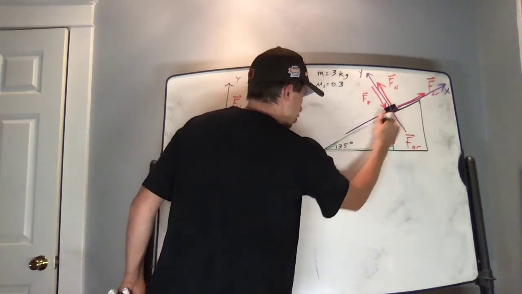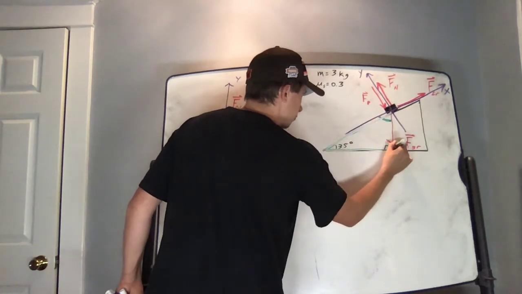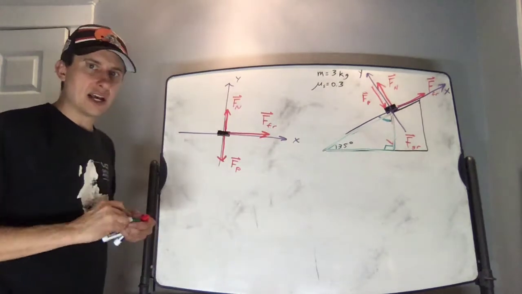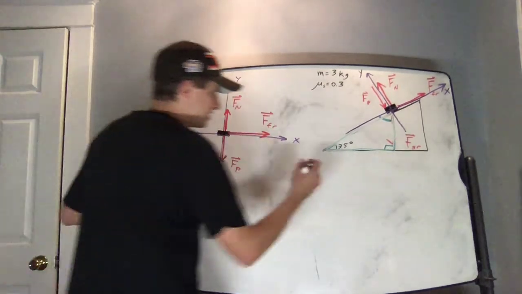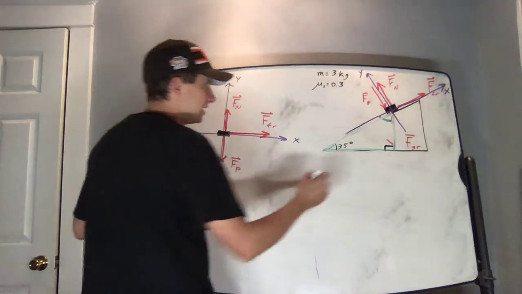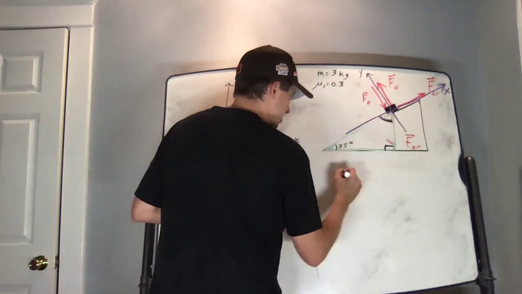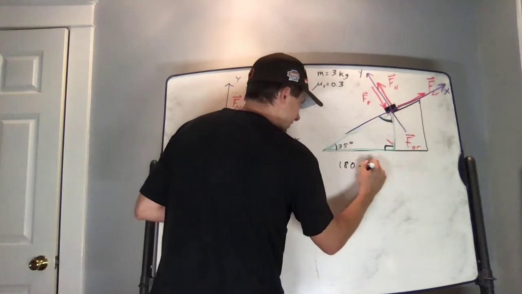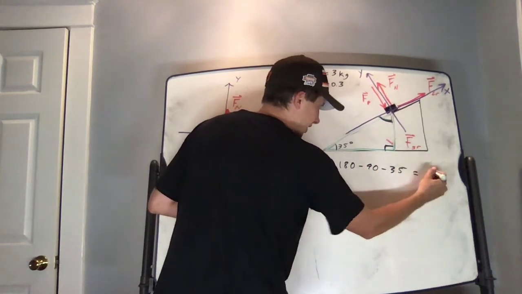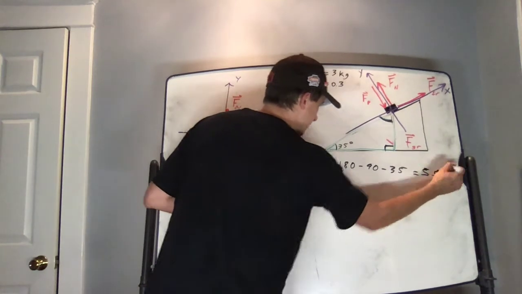I'm just using some geometry and I know the angles of a triangle should add up to 180 degrees. So I could say if this angle is 35 degrees and this angle is 90, then this angle must be 180 minus 90 minus 35. So that angle must then be 55 degrees.